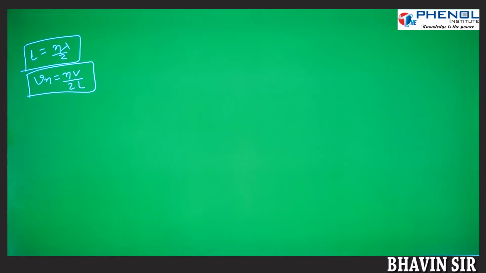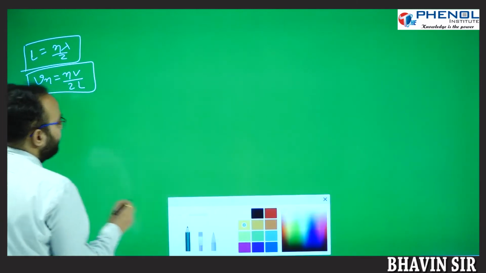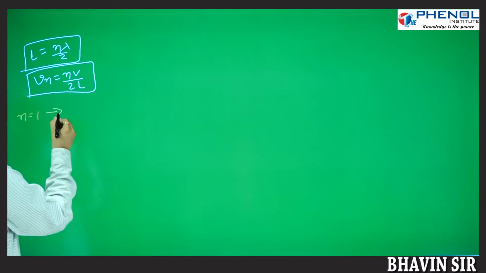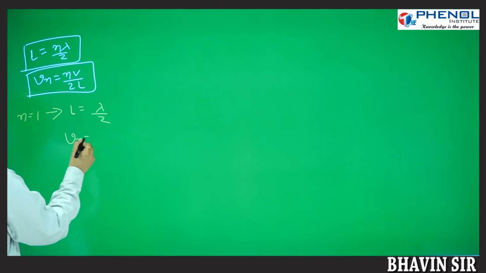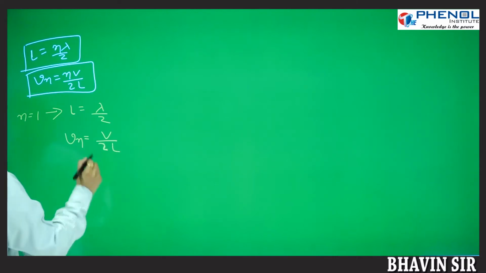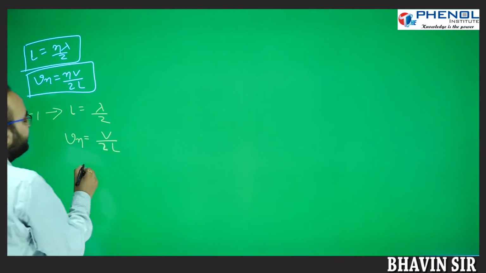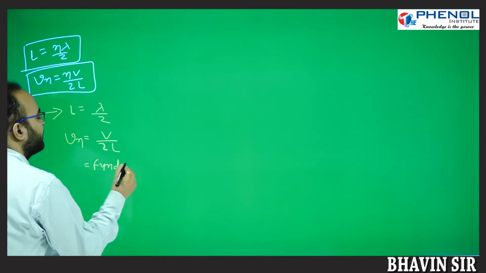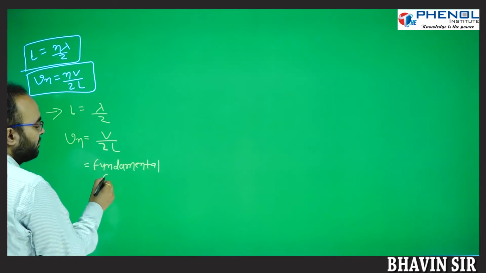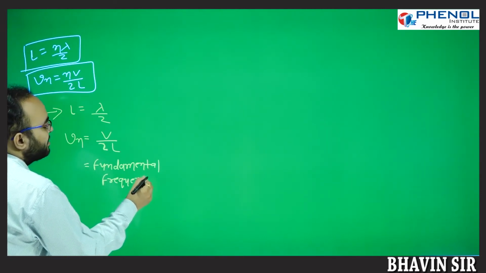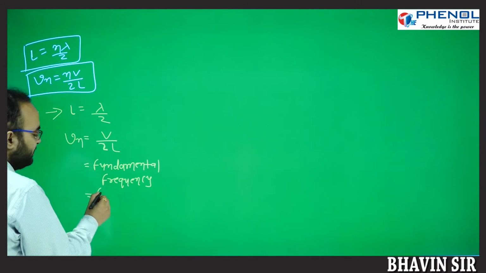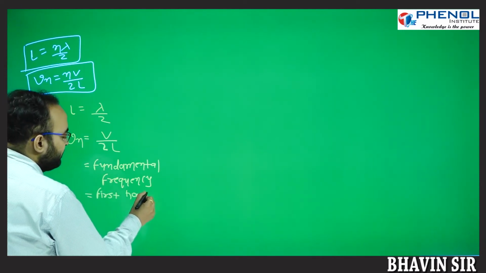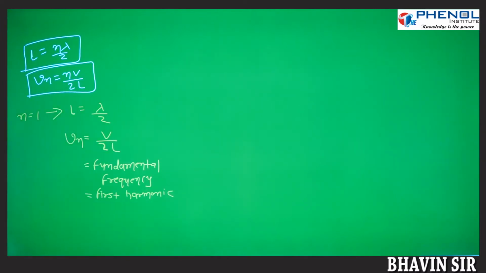Now when we take n equal to 1, the length is lambda by 2 and the frequency is v by 2L, and this is known as the fundamental frequency or first harmonic.